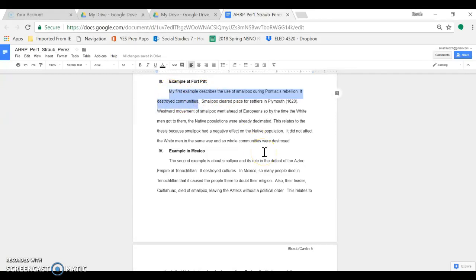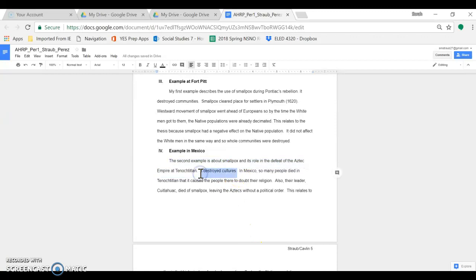My first example describes use of smallpox during Pontiac's Rebellion. The second example is about smallpox and its role to defeat the Aztec Empire at Tenochtitlan. I said for my first example that at Fort Pitt it destroyed communities, and I said in my second example that it destroyed cultures.